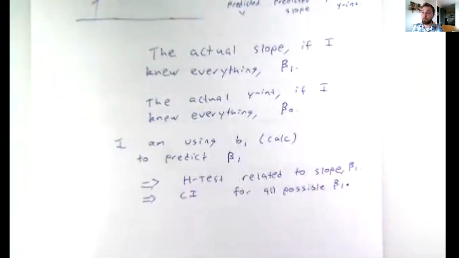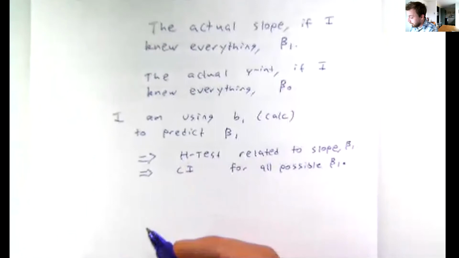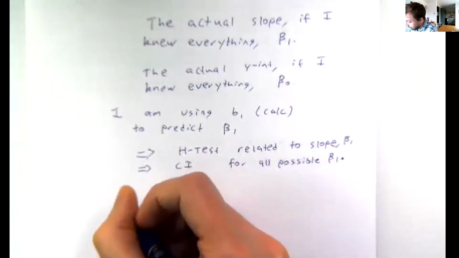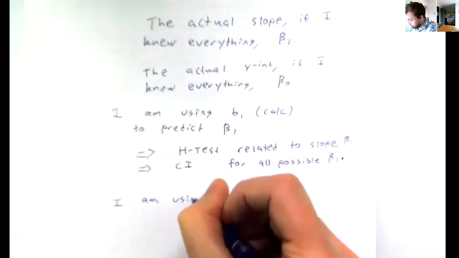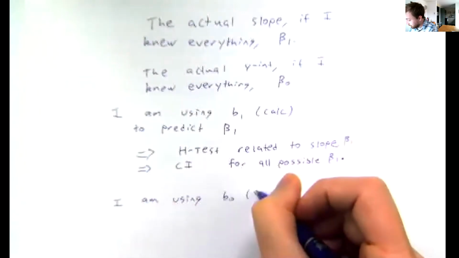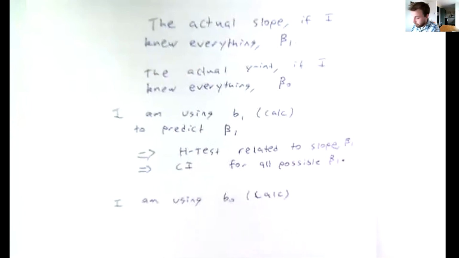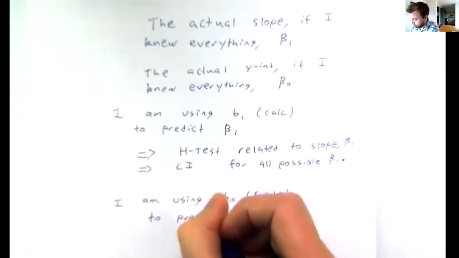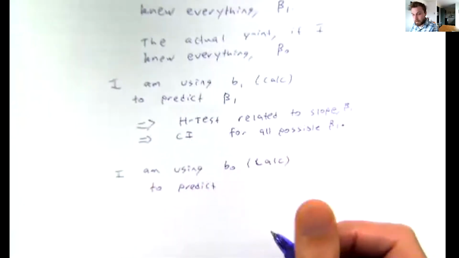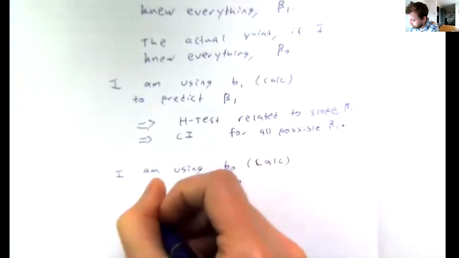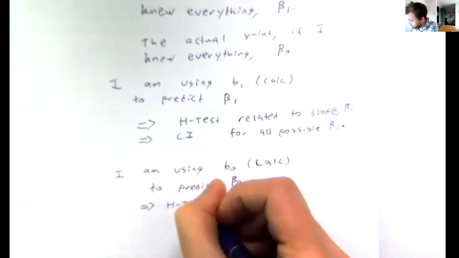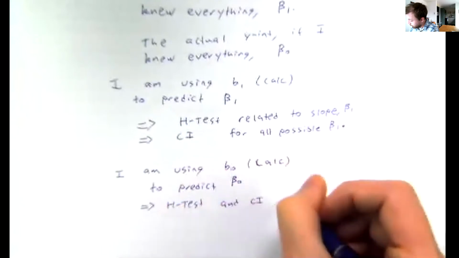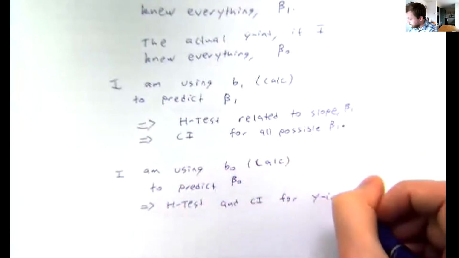This was the theme of the entire course: I use sample information to predict what should happen for a population. I could do the same thing for my y-intercept. So I am using my y-intercept that I got from my calculator to predict the population y-intercept beta 0. And I can do a hypothesis test and a confidence interval for my y-intercept to see where that should end up, as well as the slope.